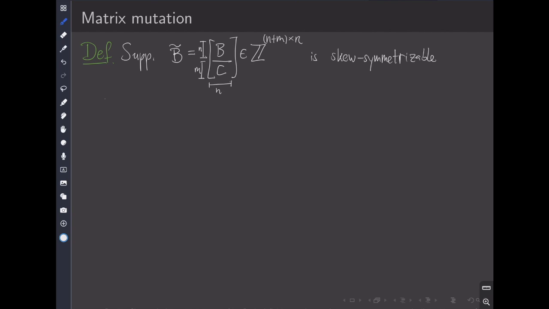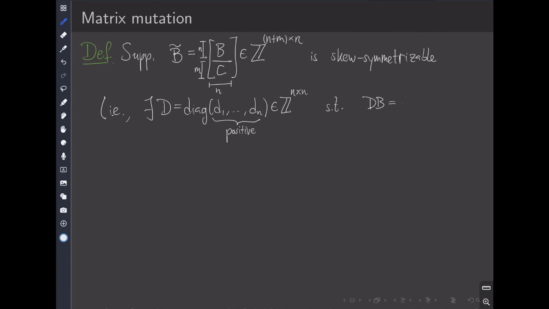And by this, what I mean is that there exists an integer diagonal matrix d with positive diagonal entries, the di's are positive, such that it skew-symmetrizes the top part, so that dB is skew-symmetric.